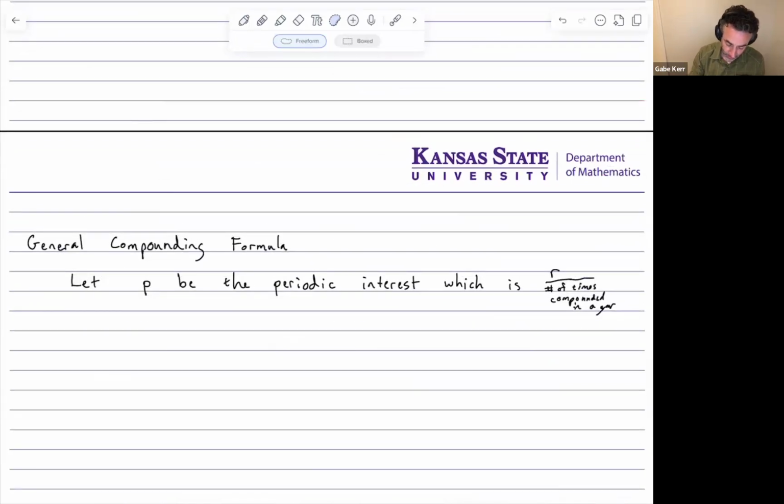And let T, again, be the number of compoundings, the number of times we compound.